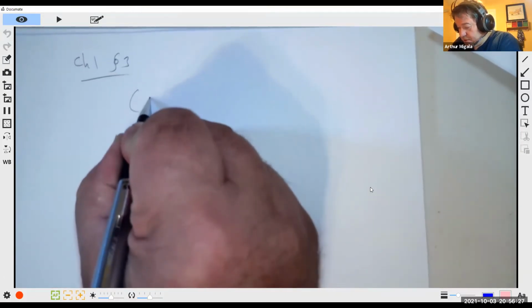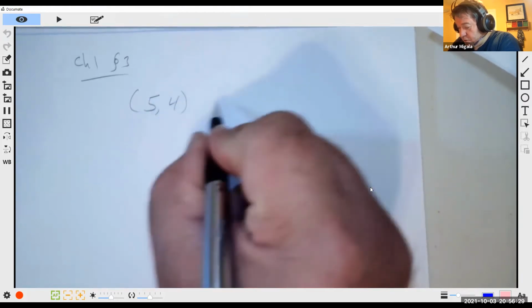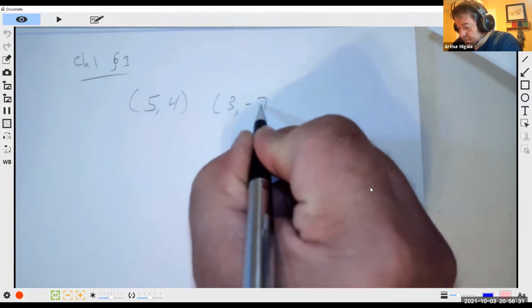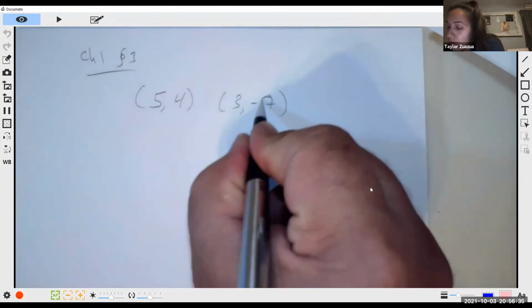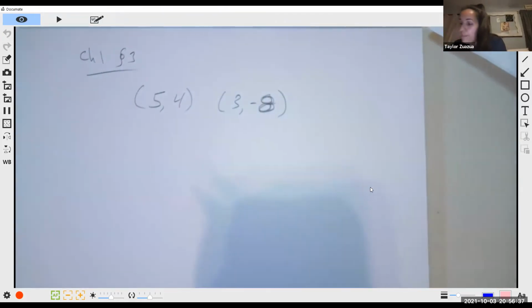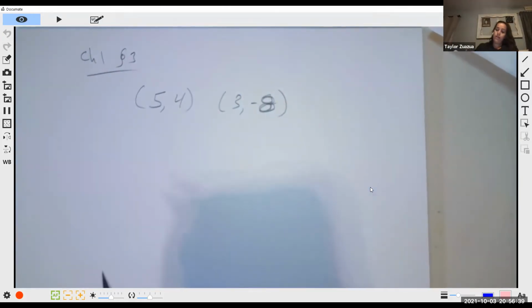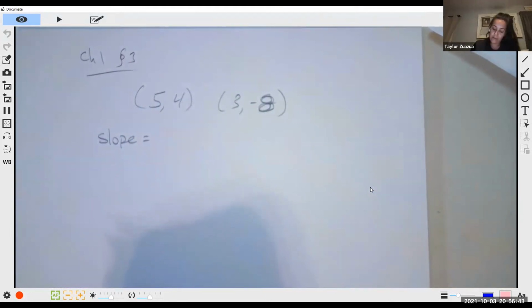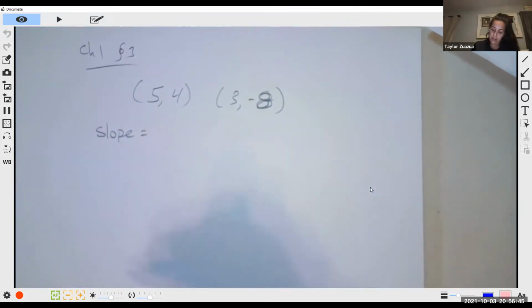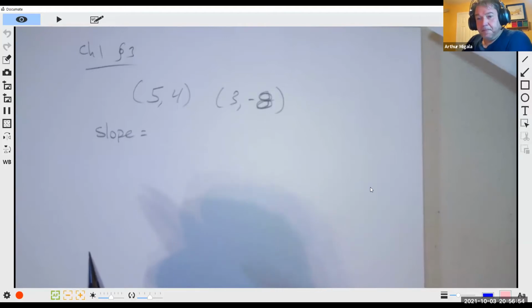If I gave you 2 points, say 5, 4, and 3, -8. Find the slope. Can I find the slope from there? Let me graph it. You don't have to graph it.